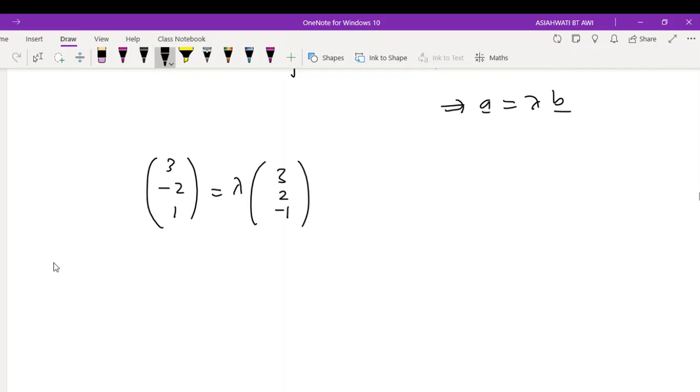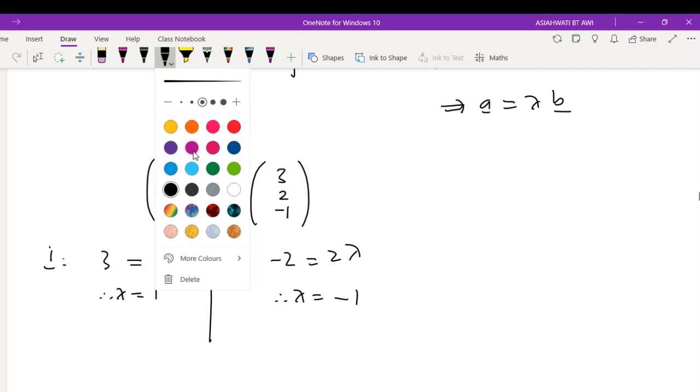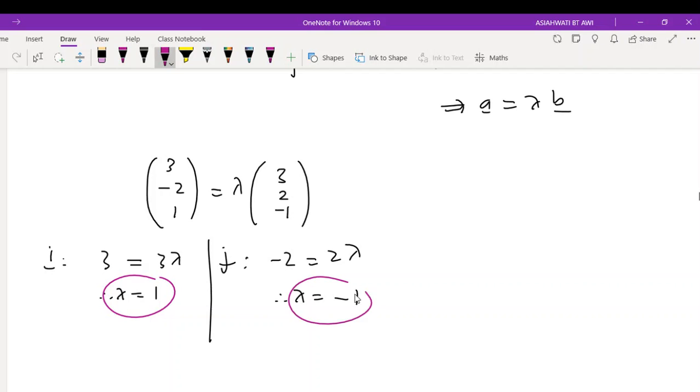For component i, 3 equals 3 lambda, therefore lambda is equal to 1. For component j, negative 2 equals 2 lambda, therefore lambda is equal to negative 1. Check: these are not equal values, and you can stop. You can conclude that the two vectors are not parallel. Or you can double check with component k: 1 equals negative lambda, lambda is equal to negative 1.